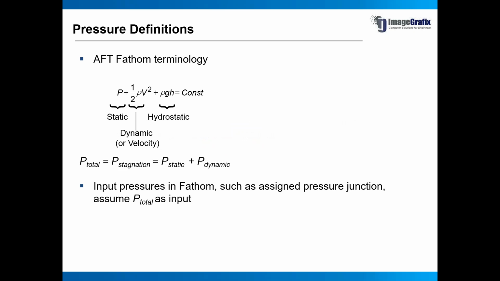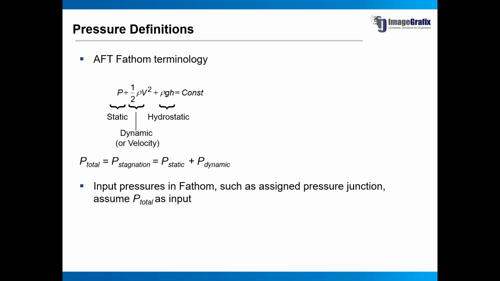The basic formula for the Bernoulli equation, where we have the static head, the dynamic head and the hydrostatic head. In AFT software, it uses the term P stagnation or pressure stagnation.